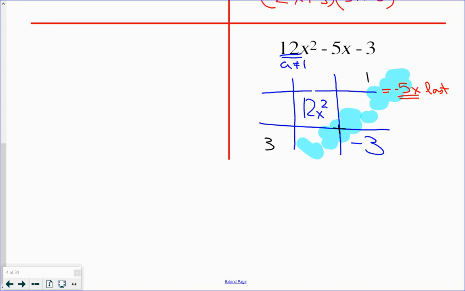So again, for the 3 and the 4, should I put the 3 here? No, because I don't want to line up 3s. So I'm going to go the 4 here and the 3 there. Now, if this doesn't work, my only option is 1 and 12. Okay? So 3 times 3 is 9. 1 times 4 is 4. Now, right now, 9 plus 4 is 13.